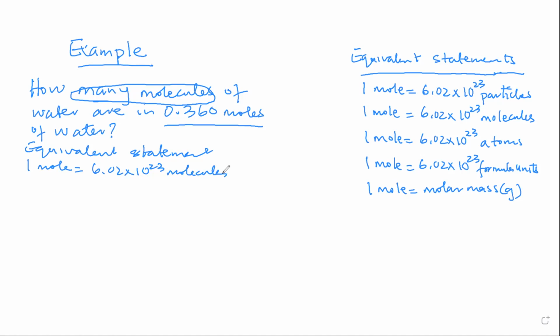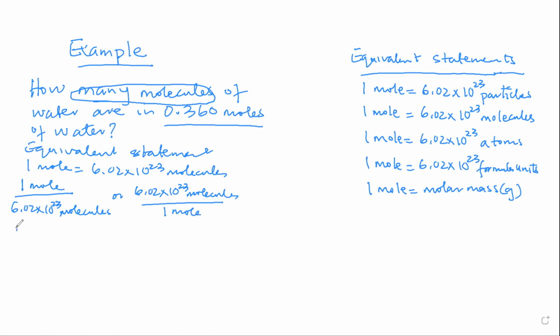Now, what is the conversion factor here? We put it in fraction form. 1 mole all over 6.02 times 10 to the 23 molecules, or 6.02 times 10 to the 23 molecules over 1 mole.